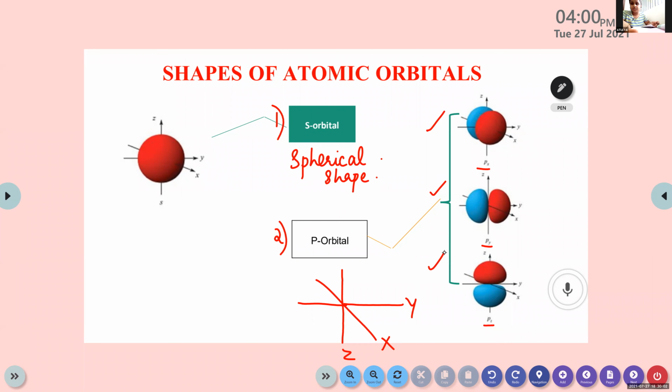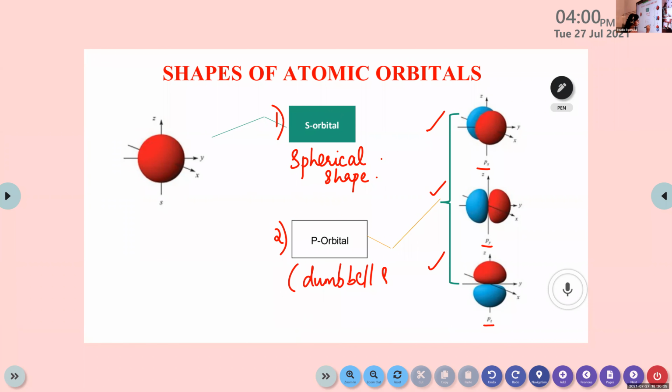Ma'am, can you repeat? Yes, sure. This p subshell has been divided into 3 orbitals. So we can draw these p orbitals as 2 lobes, similar to a dumbbell. You can write here, it's in dumbbell shape. We can draw each lobe according to its axis.